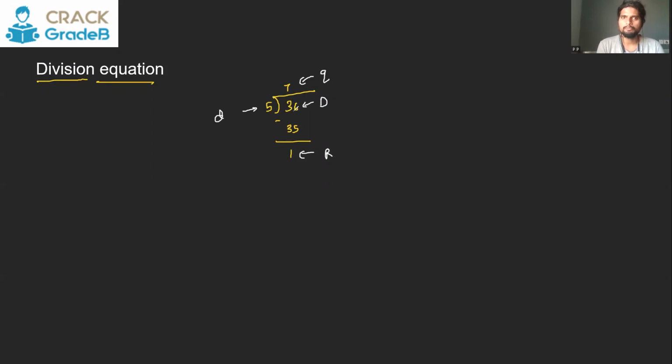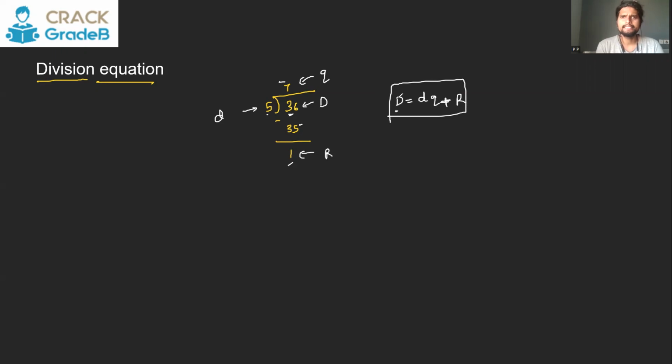So the equation we can form here is 36 is 5 into 7, 35, plus 1, that is remainder. That means dividend is equal to divisor into quotient plus remainder. So this is the equation, because direct questions sometimes can be asked.